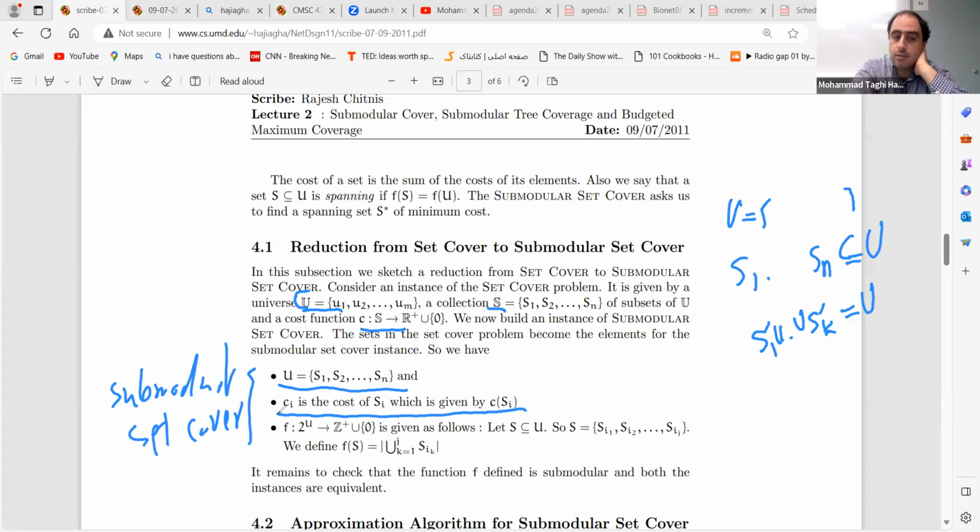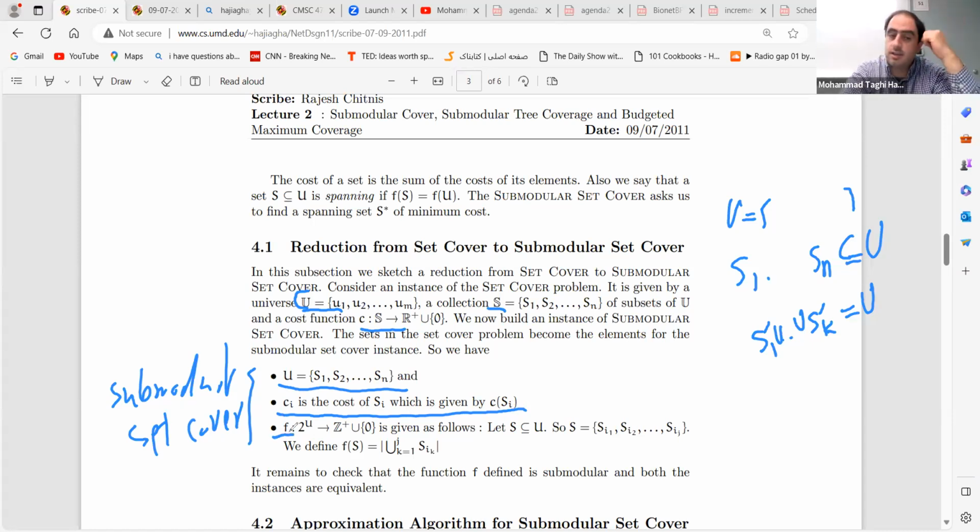So in this submodular set cover, for each of these elements, which are now sets, we have a cost. The cost of Si would be essentially C of Si.